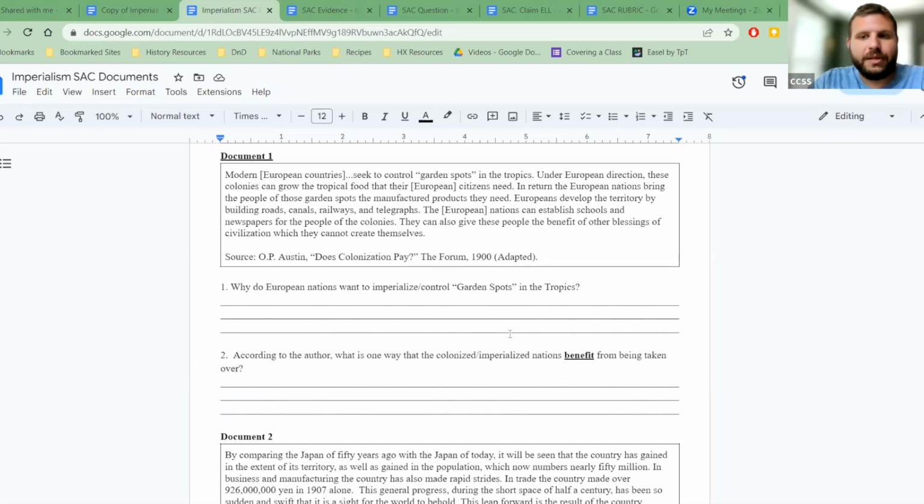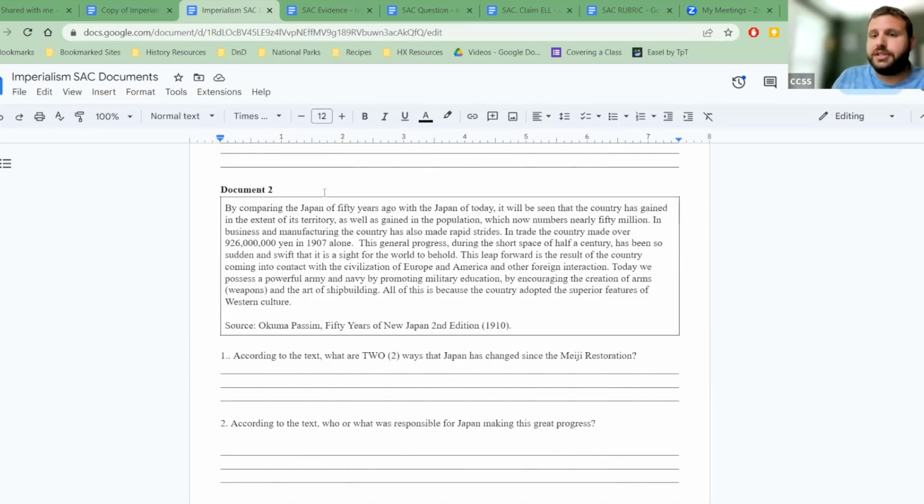So these documents go towards, one, understanding textual, like what's the main idea of a text, how does it connect to a larger idea, but also this is going to be the main source of evidence for that structured academic controversy. So here we talk again a little bit about motivation, this idea of wanting to control garden spots for resources, a justification from the Japanese perspective of imperialism of, hey, we imperialized and look what we got out of it.